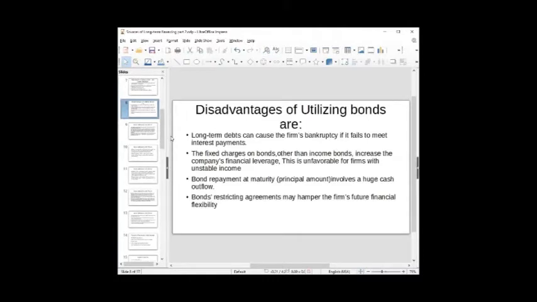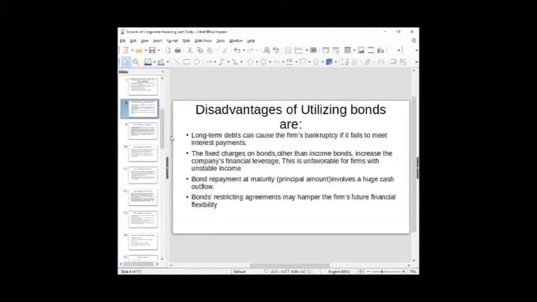And the fixed charges on bonds other than income bonds increase the company's financial leverage. This is unfavorable for firms with unstable income. Why? Because if you have unstable income and you have this fixed payment of interest, that will be a problem if you don't have the earnings.